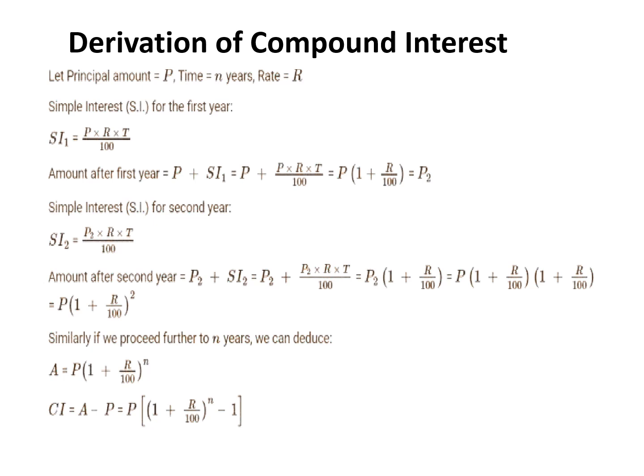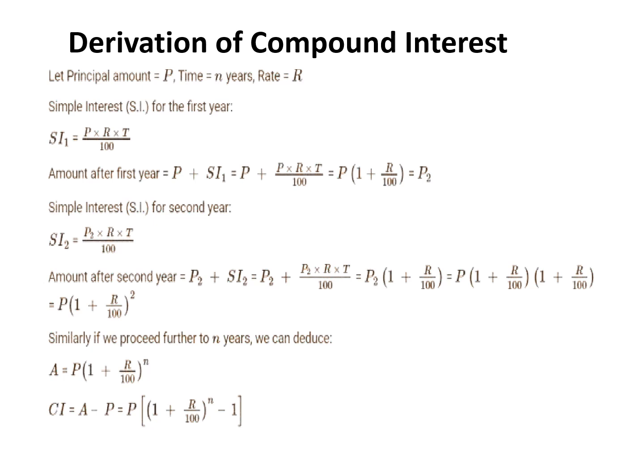So P into 1 plus R by 100 into, we already have 1 plus R by 100 here, no? Just write down as it is, which is equals to P into, here 1 plus R by 100 repeated 2 times, no? So whole square.